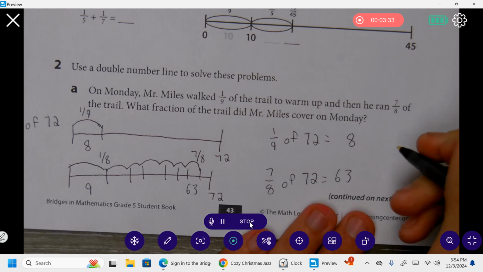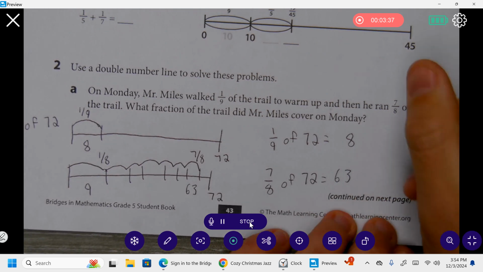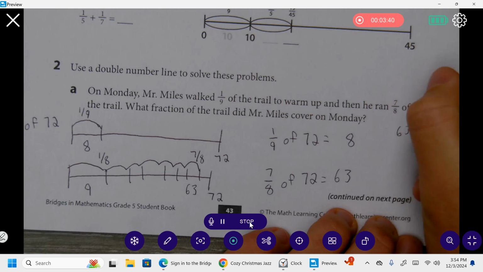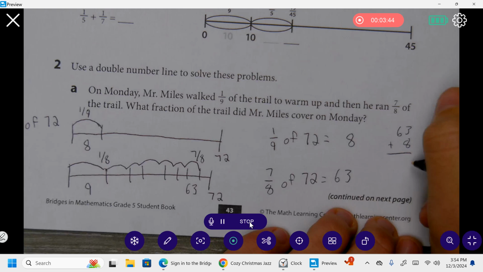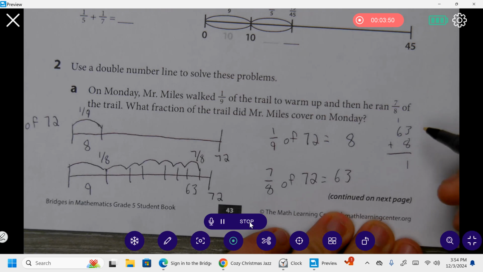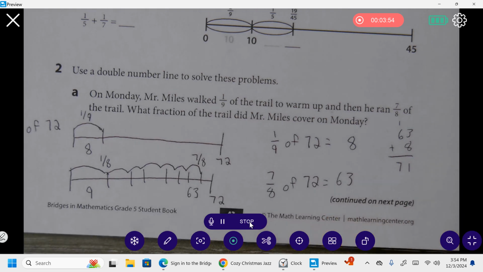Okay, so what we'll do, because he did these on the same day, we'll add them together. We'll do 63 plus 8. 8 plus 3 is 11. 1. And then 1 plus 6 is 7. So we get 71. Alright?